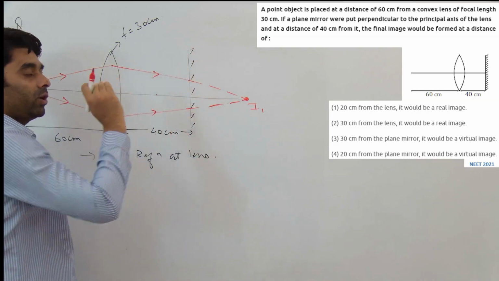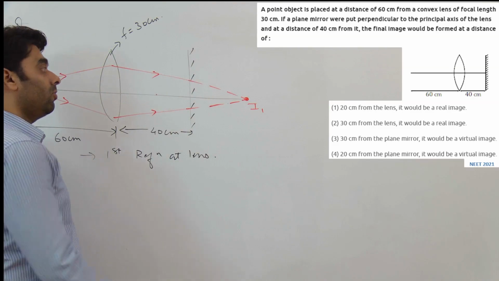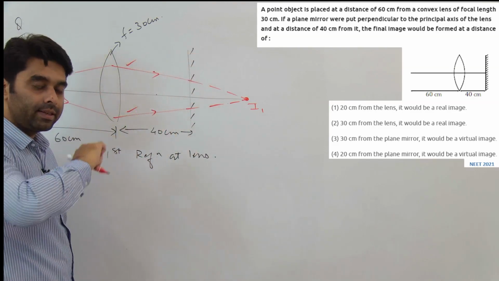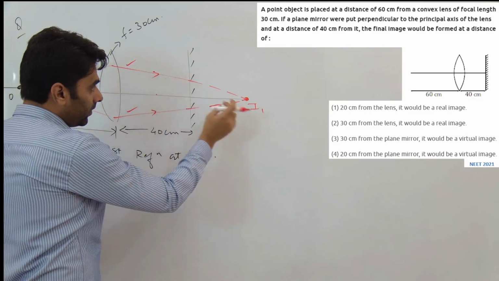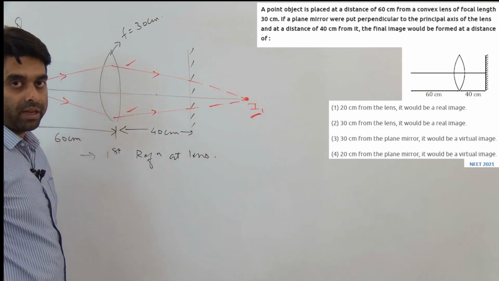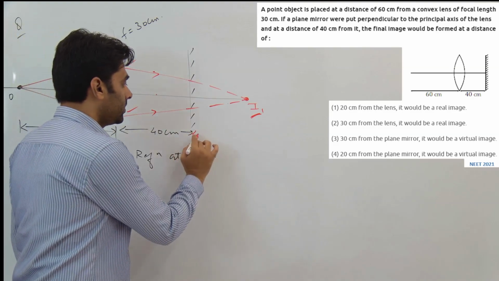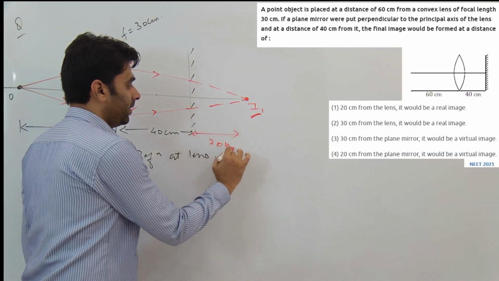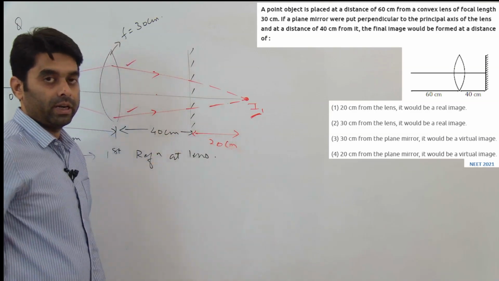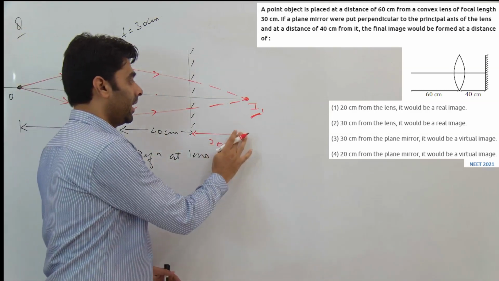But in between a plane mirror has come. Now for this plane mirror, these rays will act as incident rays, and this I1 will act as an object for the plane mirror. How much is the distance? This distance is 20 centimeter, right? Total is 60, so 40 plus 20, so 20 centimeter is our I1 distance.